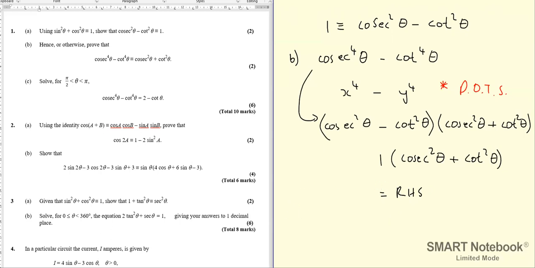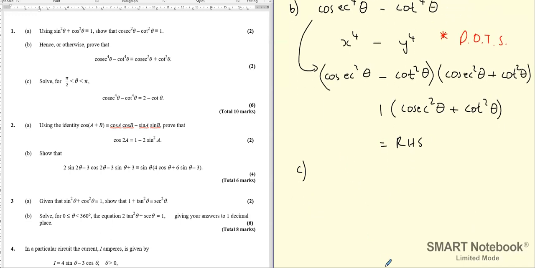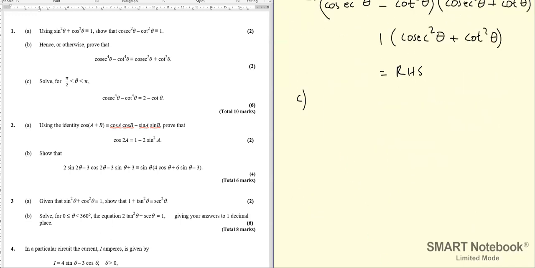And then part C, it's saying solve between pi over 2 and pi, cosec to the power of 4 theta minus cot to the power of 4 theta equals 2 minus cot theta.